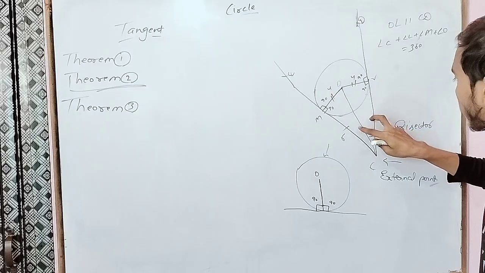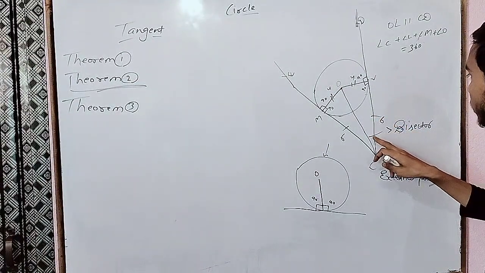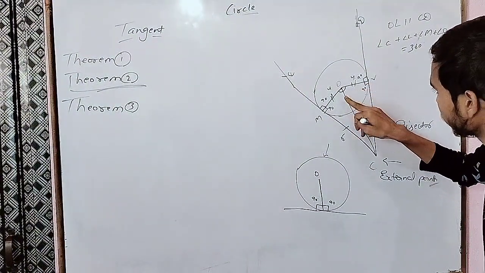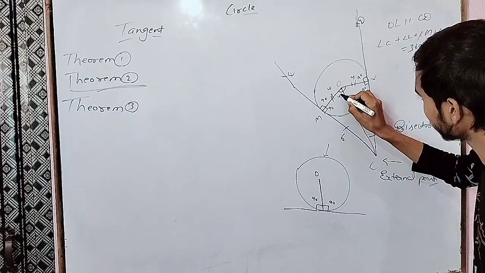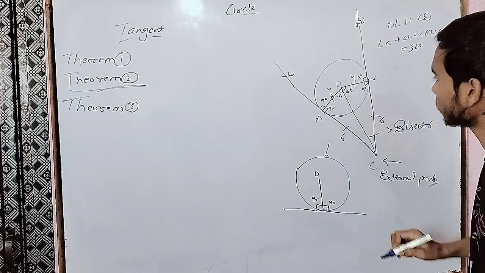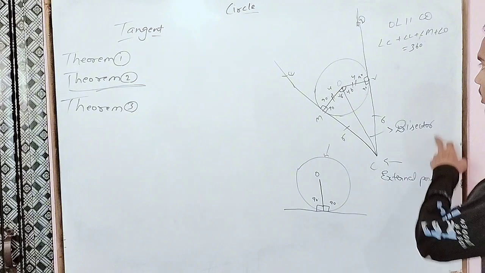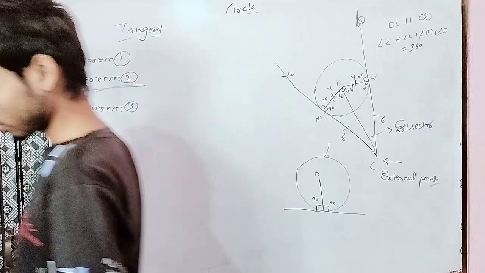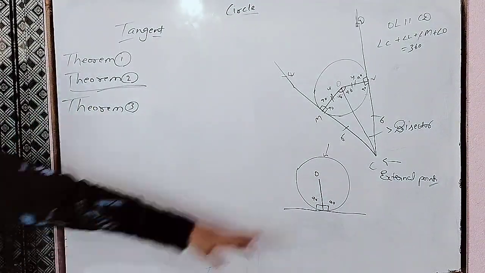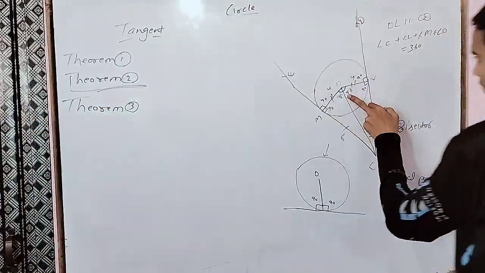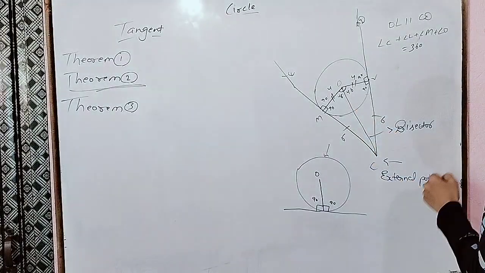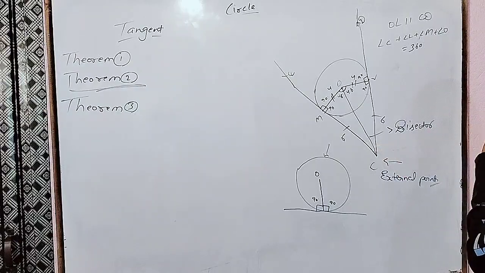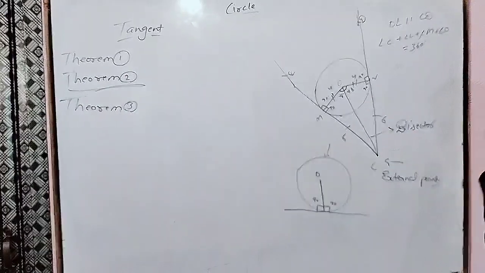Now, when it comes to a bisector, if this angle is, let's say, 46, then this will also be 46, because this is a bisector, bisecting the lines. So the measure of this angle will be equal to the measure of this angle. Clear? The reason is that this is a bisector line.